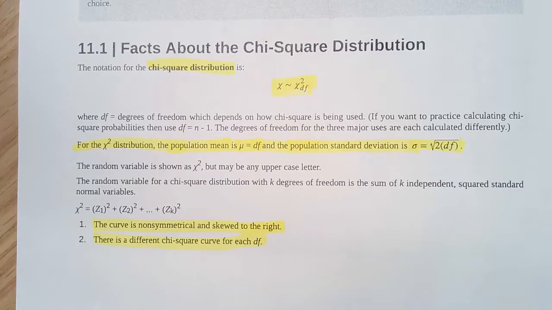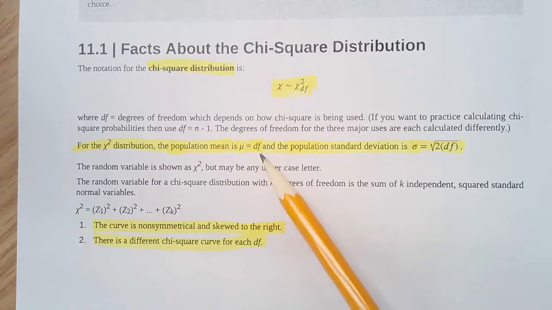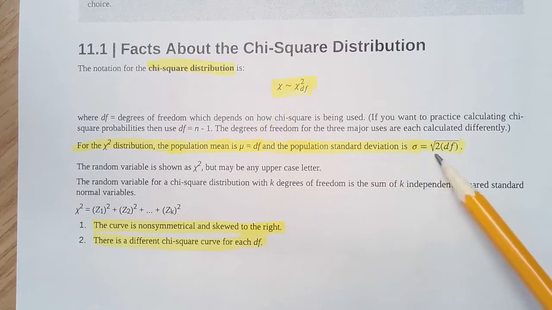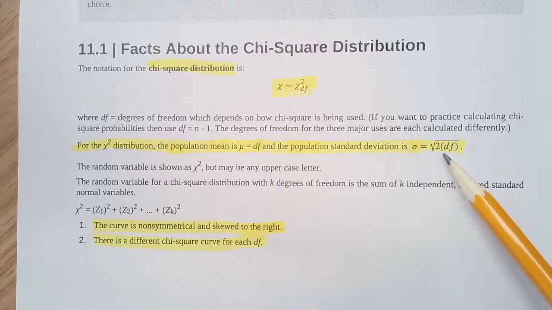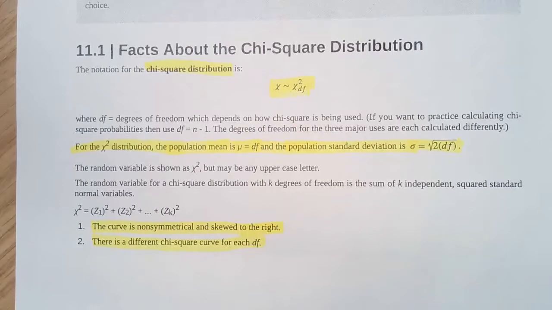For our chi-squared distribution, the population mean, mu, is the degrees of freedom, and the population standard deviation, sigma, is the square root of 2 times your degrees of freedom. So degrees of freedom are going to start to play a more important role now.